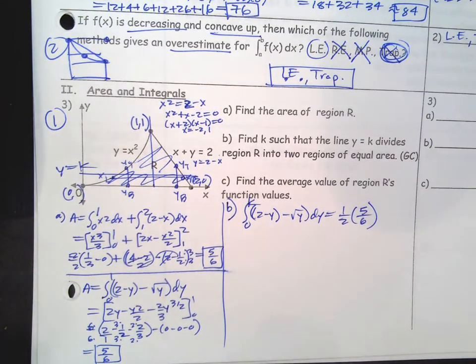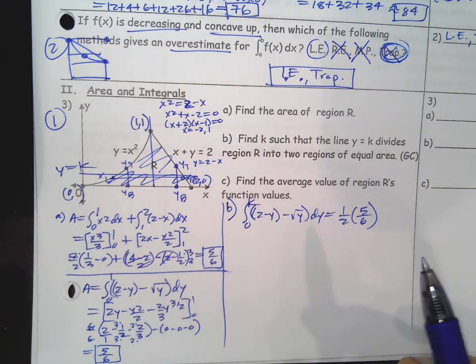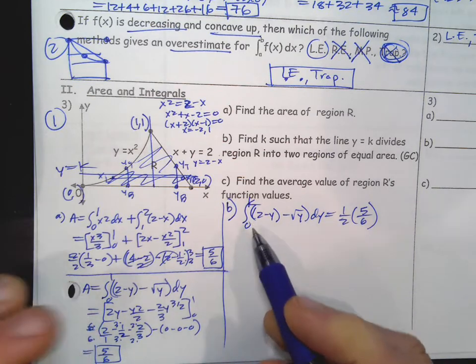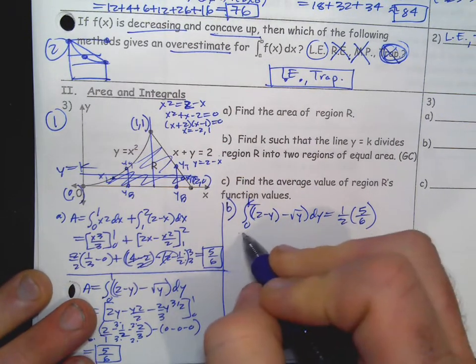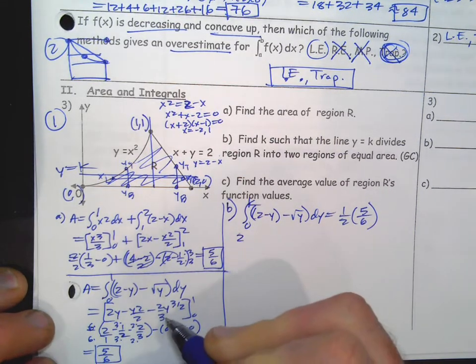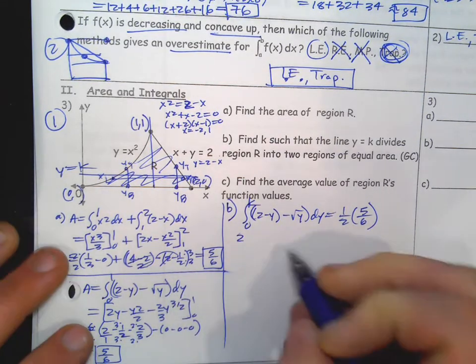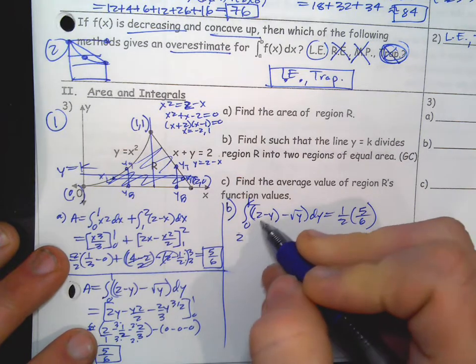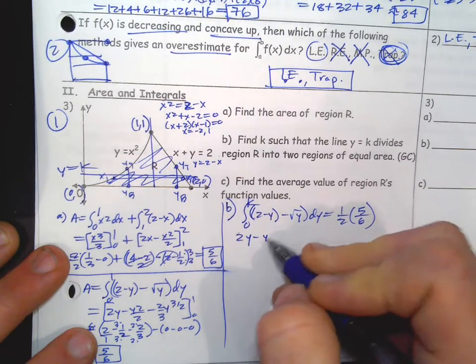You could do k to 1 instead, but I think using 0 is going to make the calculations a little easier. Even though you could have done these on your calculator, you didn't have to do the integration by hand. You've got to set it up. This part, you have to integrate by hand.